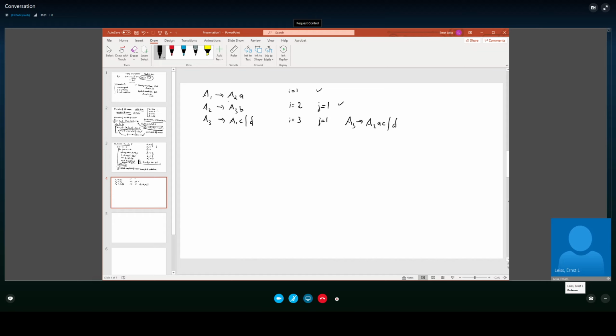Professor, sir, yes? I'm so sorry. Could you tell me why j didn't move to 2 if j equals i minus 1? Because when i equals 3, j stays at 1? It's not actually j equals i minus 1. It's a j loop.